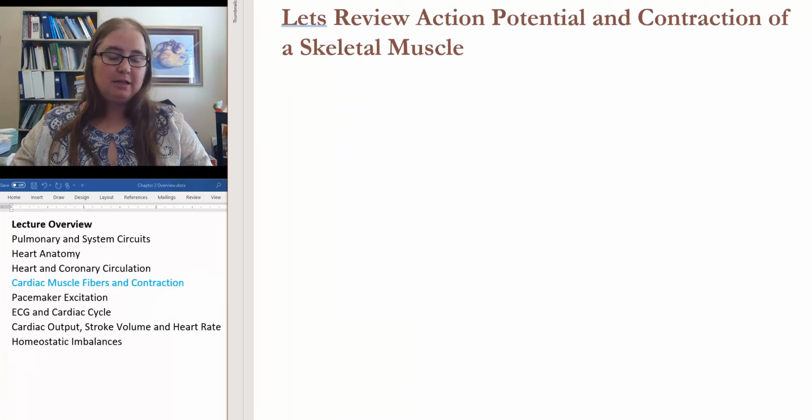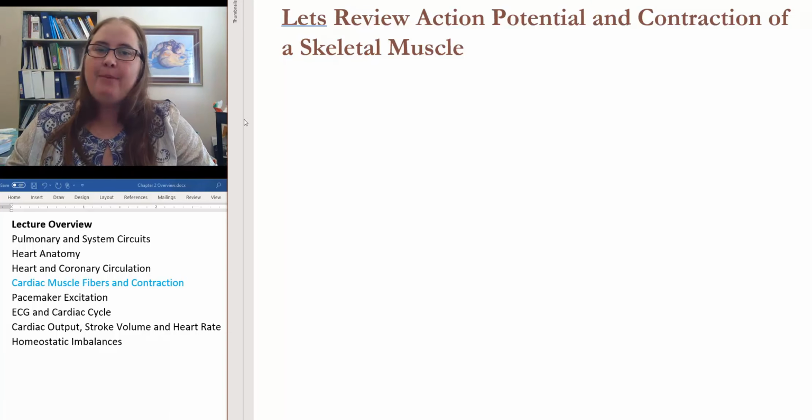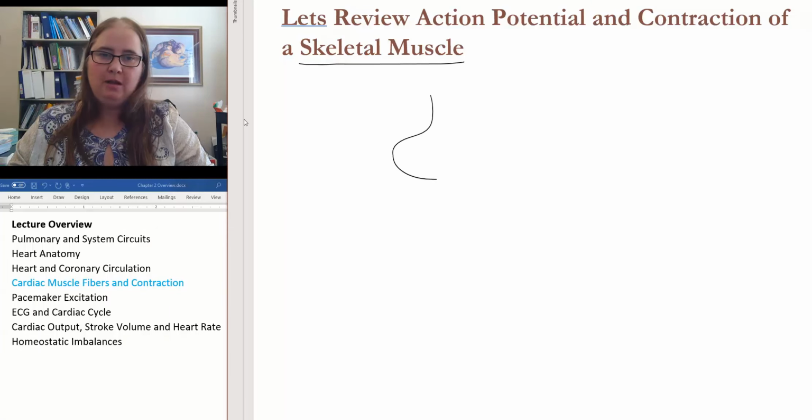So let's review skeletal muscle. And you're like, well, we're not talking about skeletal muscle, but I want to bring it up. When we talked about skeletal muscle, we drew this action potential coming down our axon terminal, right?